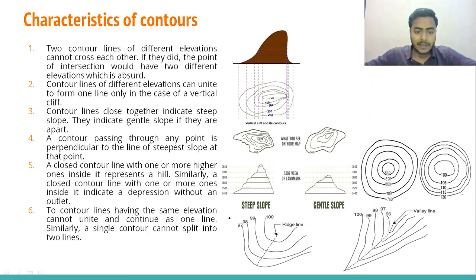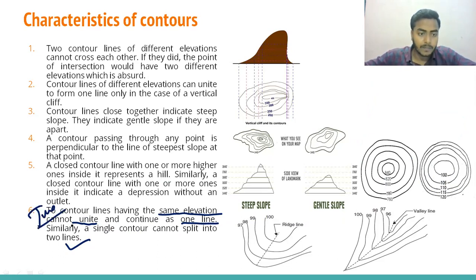Two contour lines having the same elevation cannot unite and continue as one line. Similarly, a single contour line cannot split into two lines. This is very important. Same elevation cannot unite. Two contour lines having the same elevation cannot unite.